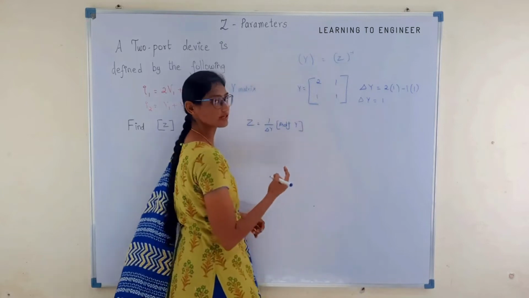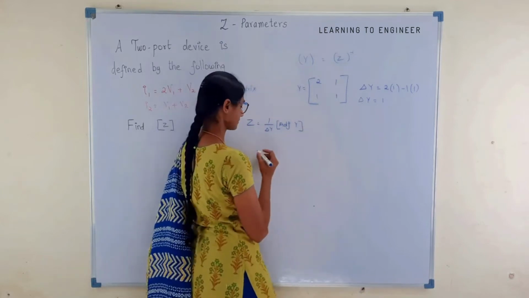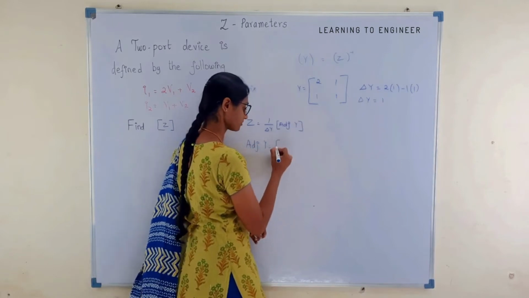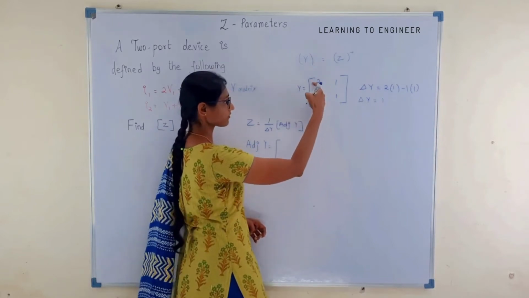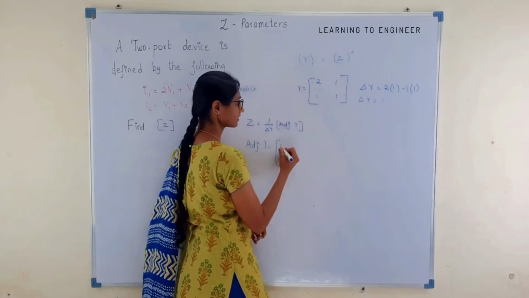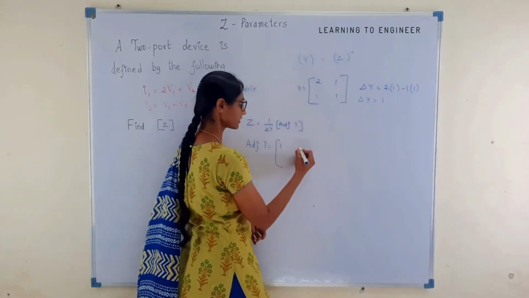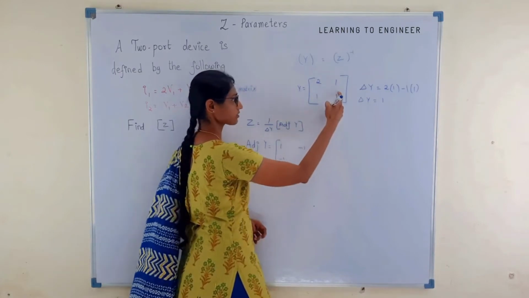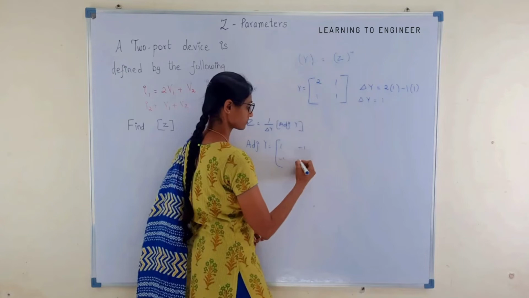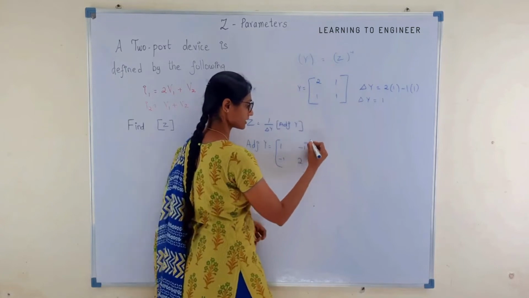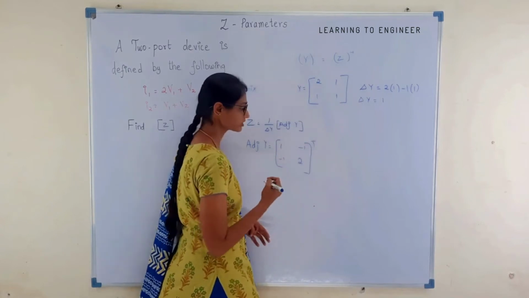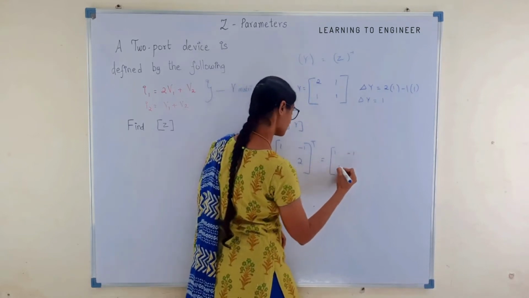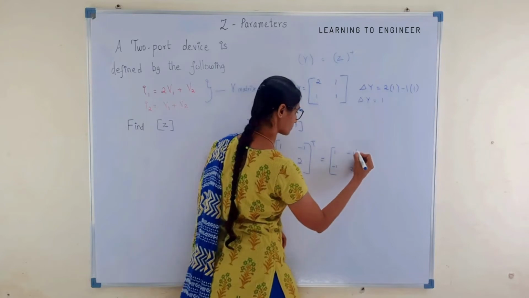So what is the transpose of the cofactor matrix? Adjoint matrix will be the cofactor of 2 is 1, the cofactor of 1 is minus 1, the cofactor of this one is minus 1 and the cofactor of this one is 2. The transpose of this will give us the adjoint matrix, which is nothing but 1 minus 1 minus 1 and 2.